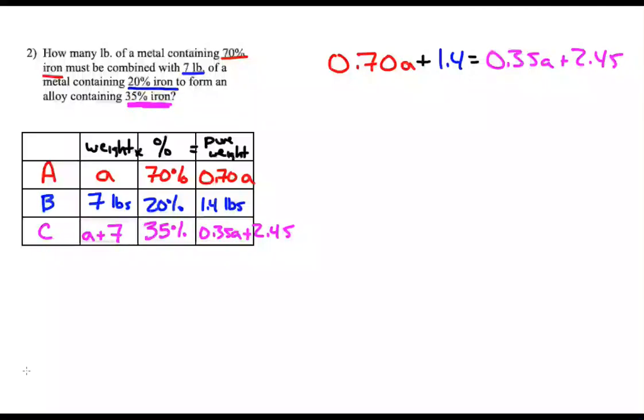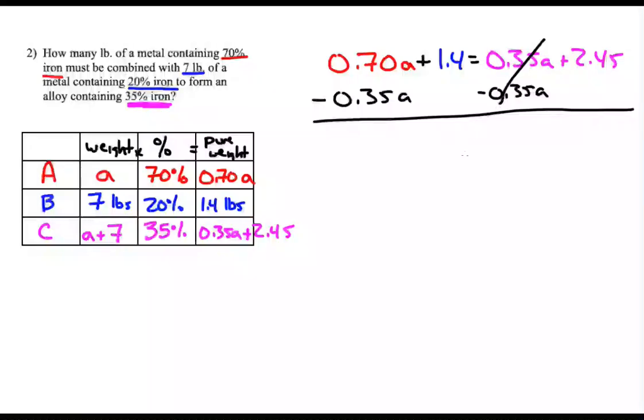So to solve this, this is just like one of the many problems we've done before. First I'm going to subtract out 0.35A to get rid of this one. And if I do it to this side, I have to do it to the other side as well. That cancels. That was the whole point.